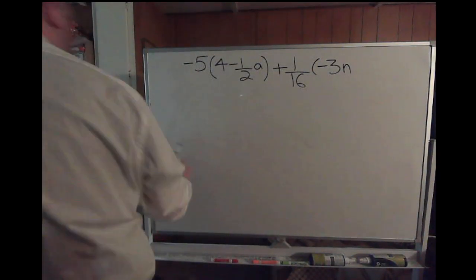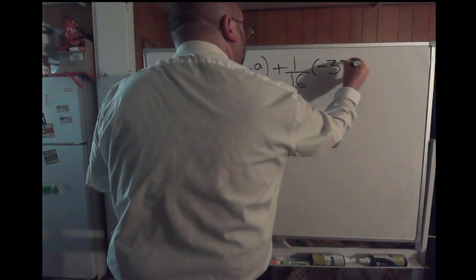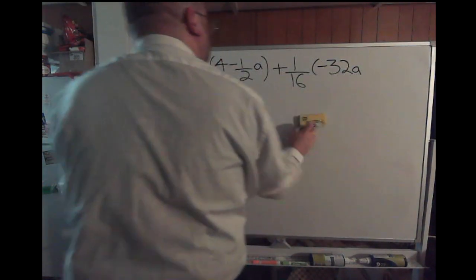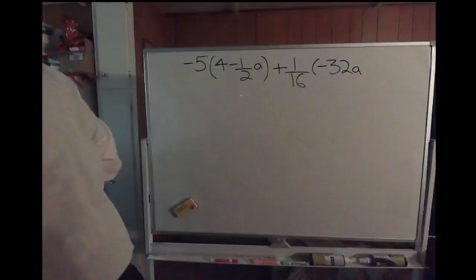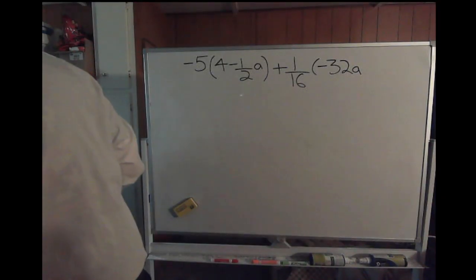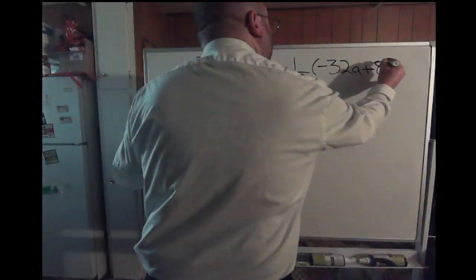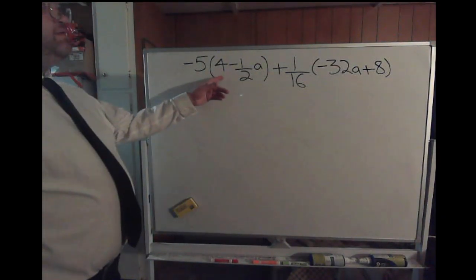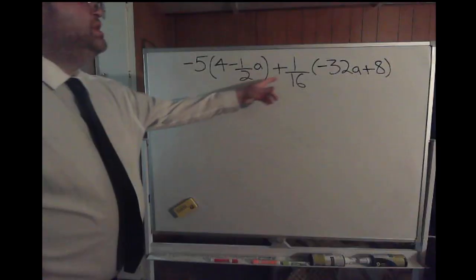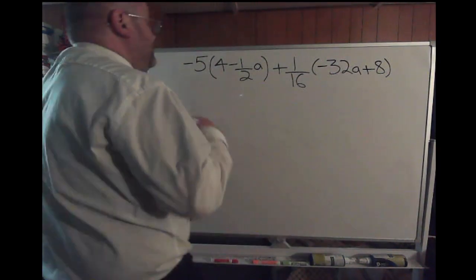Whoops, negative 32a, excuse me, 32a. I picked the wrong variable. It's supposed to be n from the book, but I wrote a. We're going to stick with a. Negative 32a plus 8. Alright, so we got negative 5 times the quantity of 4 minus 1/2 a plus 1/16 times the quantity of negative 32a plus 8.